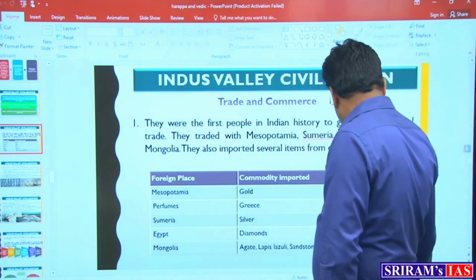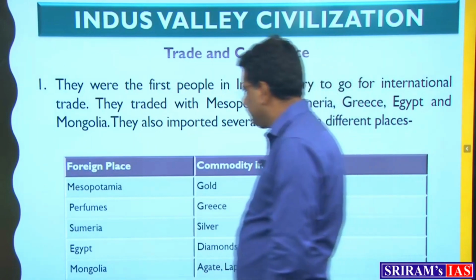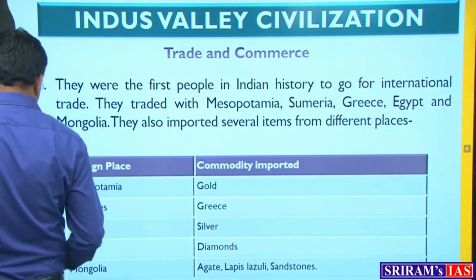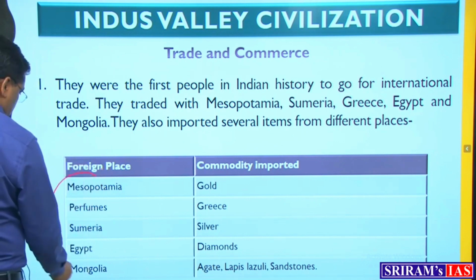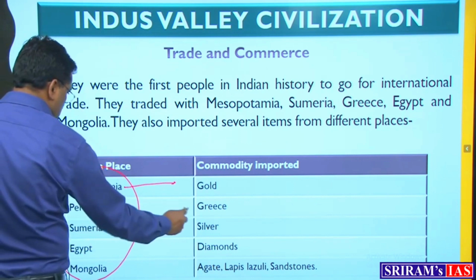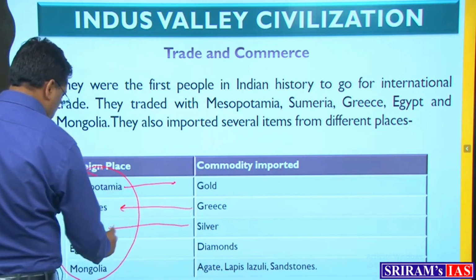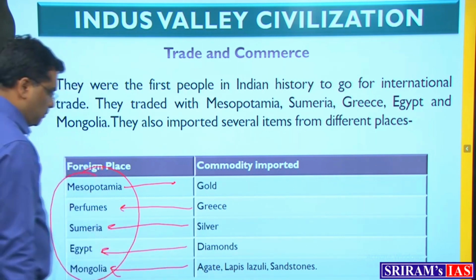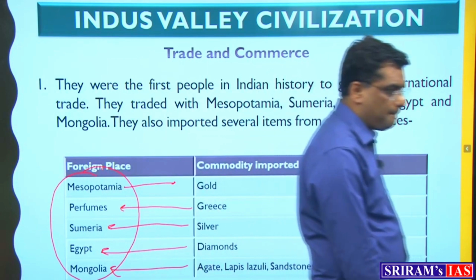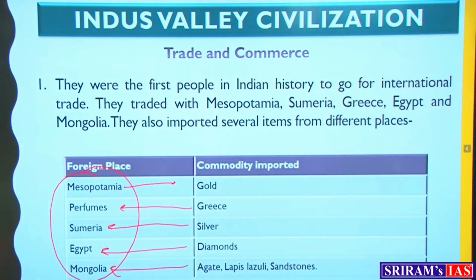These are some important items taken from Mesopotamia: gold; Greece, perfume; Sumeria, silver; diamonds from Egypt; and other precious stones from Mongolia, China.